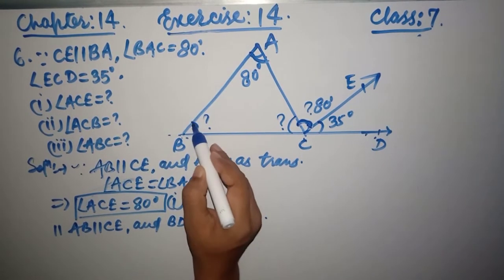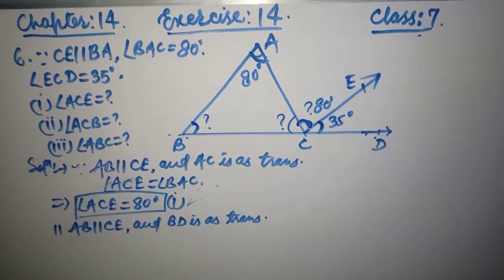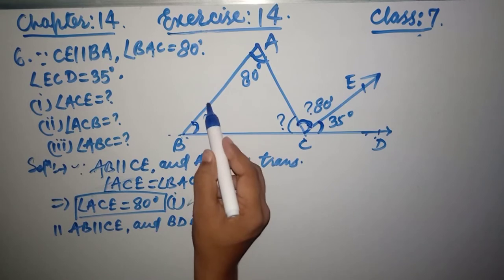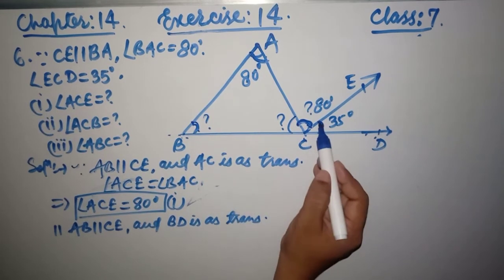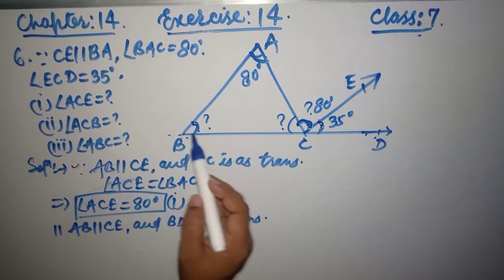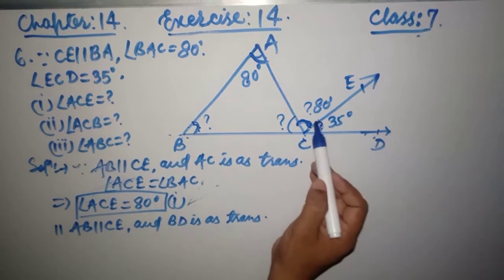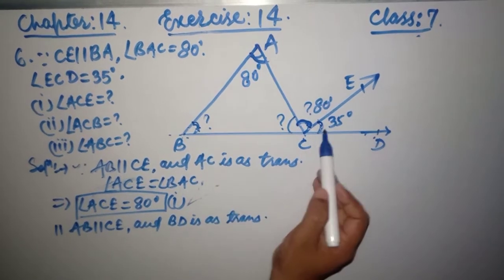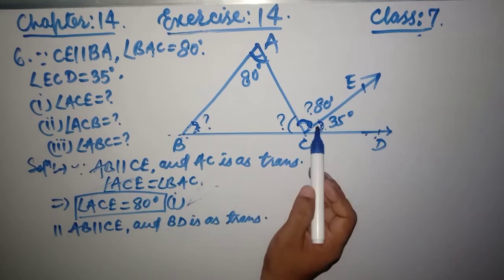Then this angle and this angle are corresponding angles. So the corresponding angles are equal friends, because both are angles between the parallel and the transversal, and this is just above the line and this is just above this line. So these two angles are corresponding and equal.